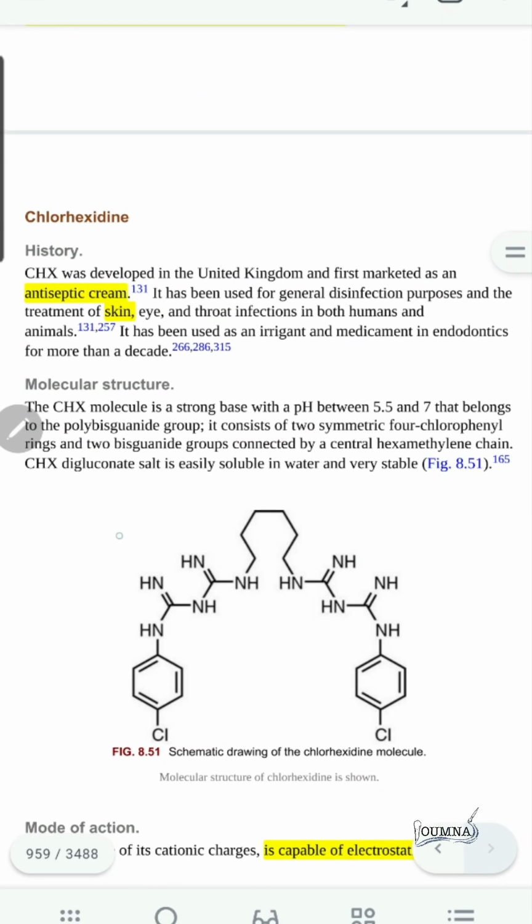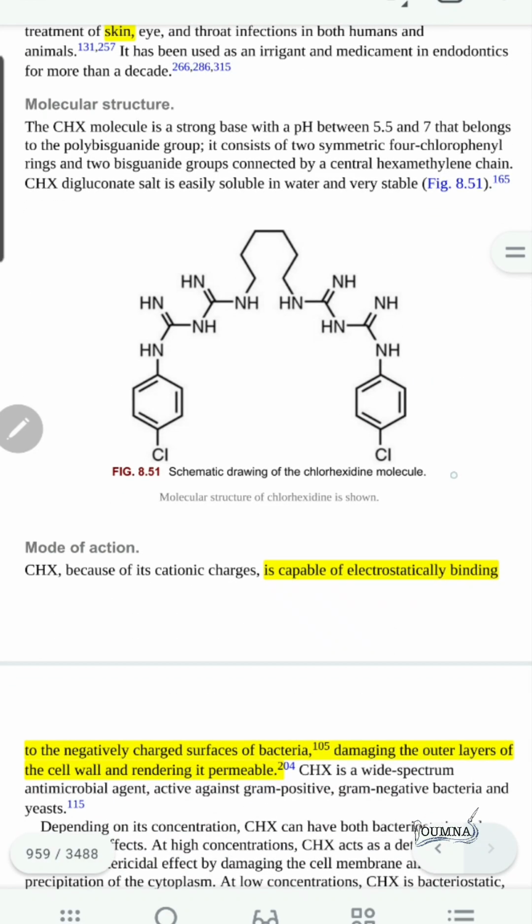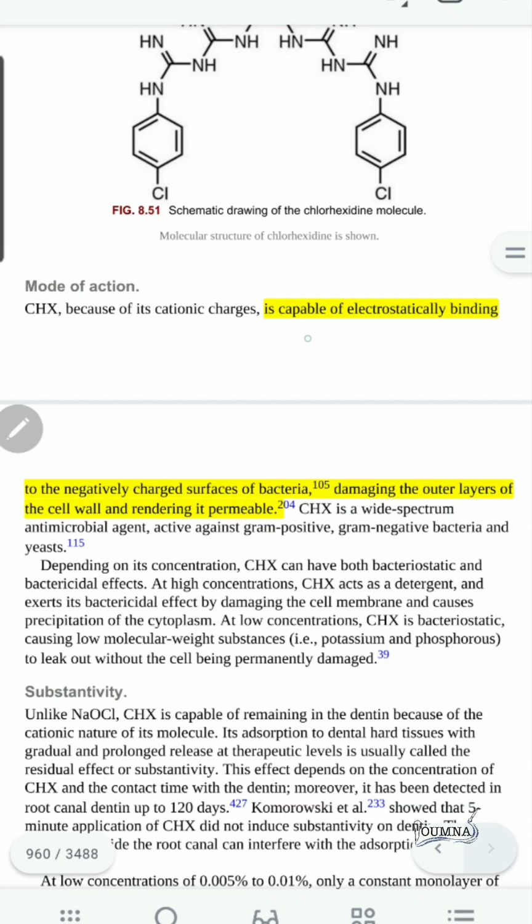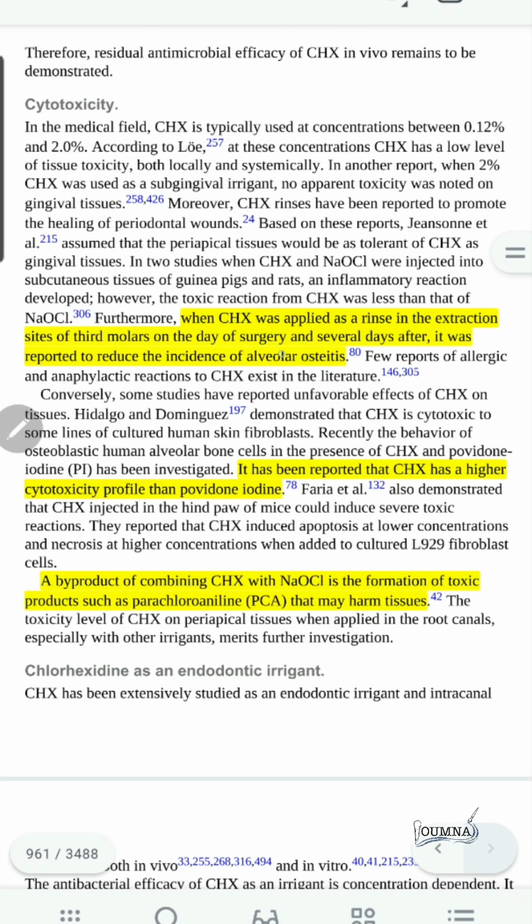Chlorhexidine was first presented as an antiseptic cream used for the skin. Its mode of action is that it is capable of binding to the negatively charged bacteria to damage its cell wall. It was found that chlorhexidine applied as a rinse in the extraction site of the third molars on the day of surgery, and several days after, was reported to reduce the incidence of alveolar osteitis.